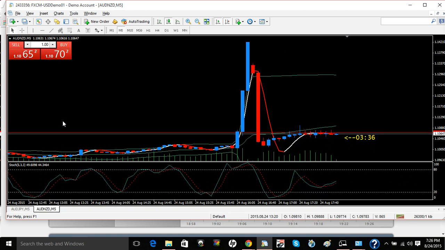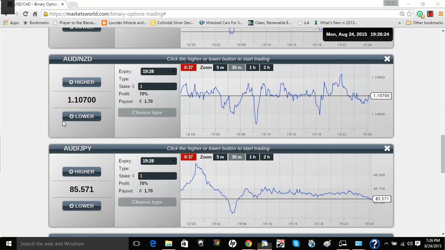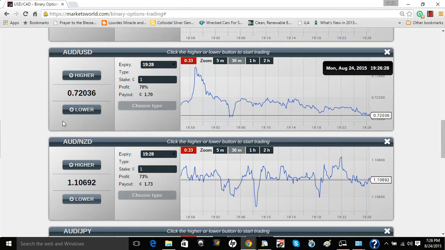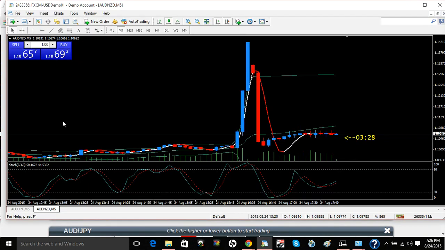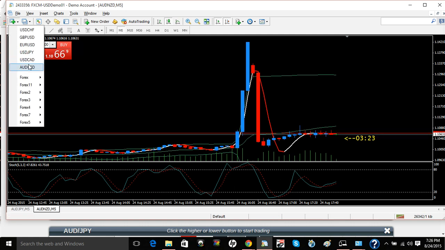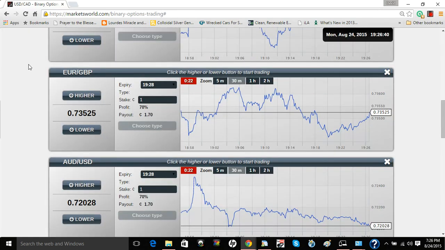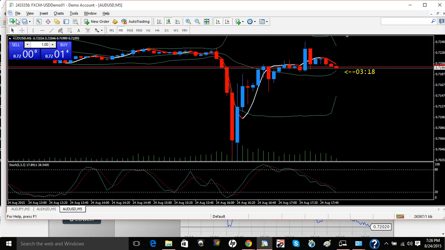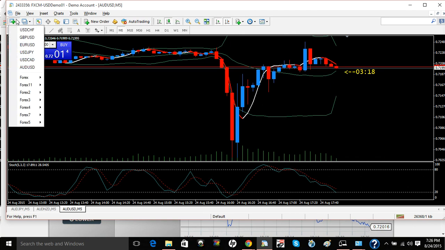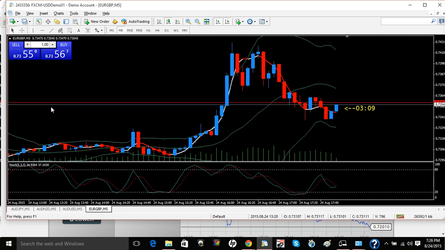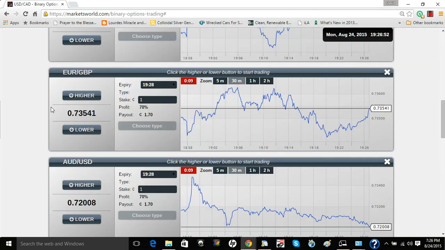AUD US dollar right here. Next, Euro pound. Okay, Euro pound is right here. Go back.